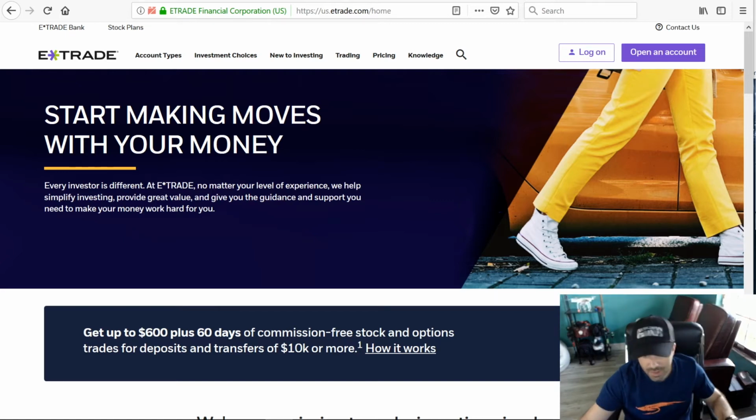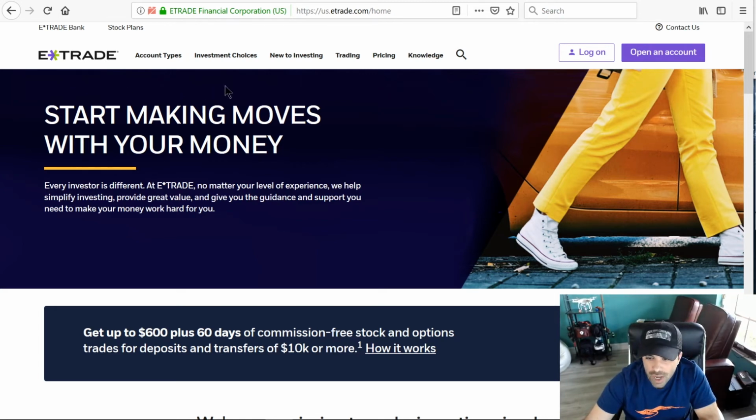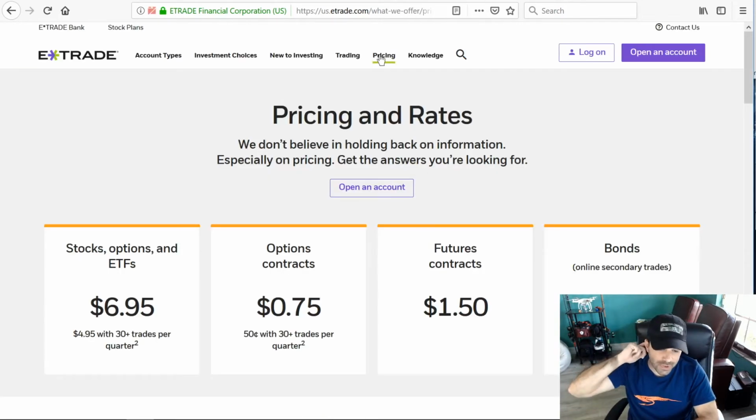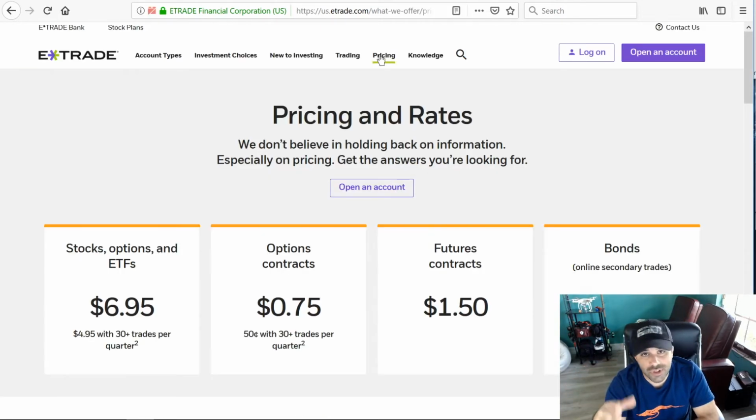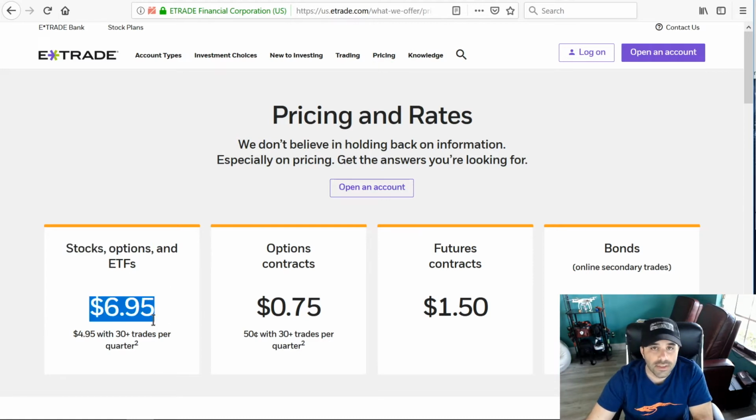All right, so the first one we have here is E-Trade. As you can see here on my screen, you have E-Trade, and we can go ahead and check out their pricing. And remember, their cost per trade is not any different from margin to a cash account, etc. For example, if you want to trade stocks, options, ETFs, $6.95 per trade. That's what you're gonna pay per trade.